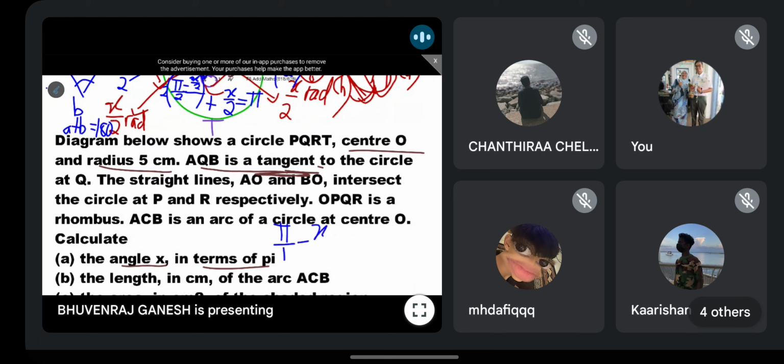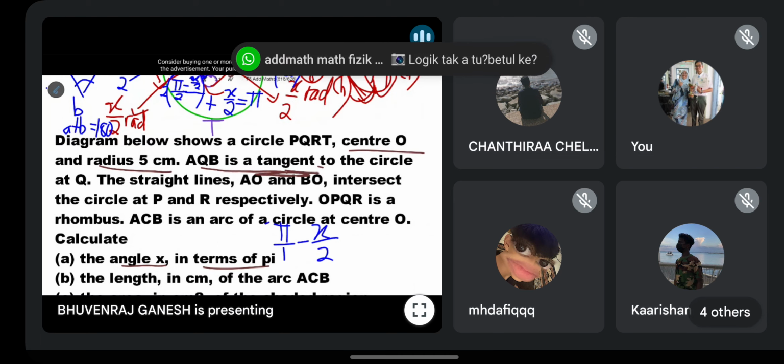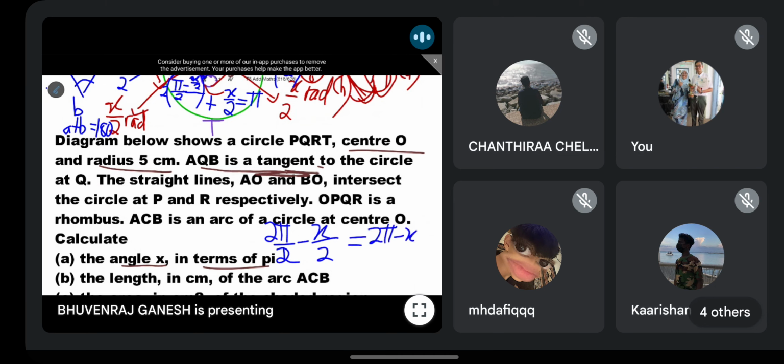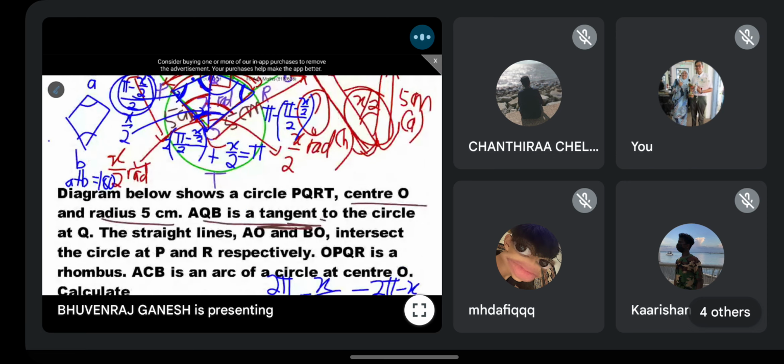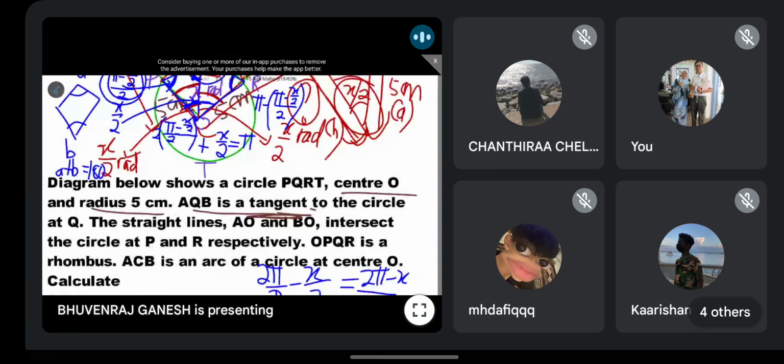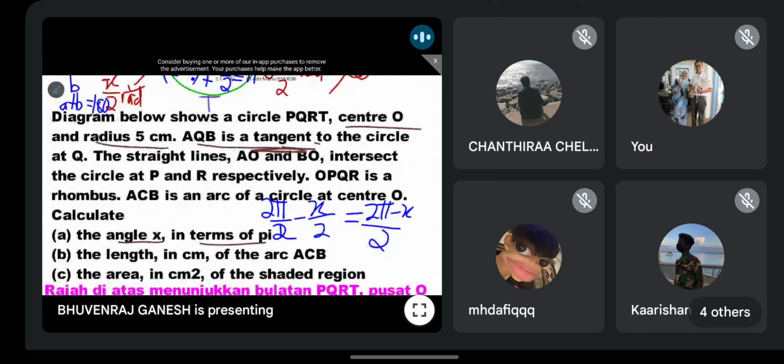Pi bagi 1, maksudnya kita darab 2 macam ni. Samakan dia. Lepas tu kita tolak dengan pi. So pi tolak jawapan ni. Sabar guys, saya cuba sikit. Boleh buat ke tak yang ni.